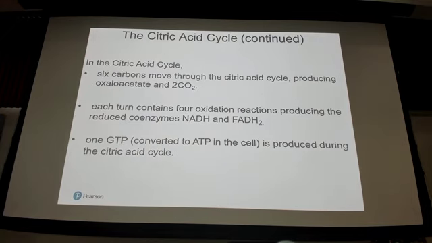So what happens in this pathway is we gain reduced NADH, FADH2, and GTP. Those are the main products of this pathway. That GTP is converted to ATP in a different part of the cell.